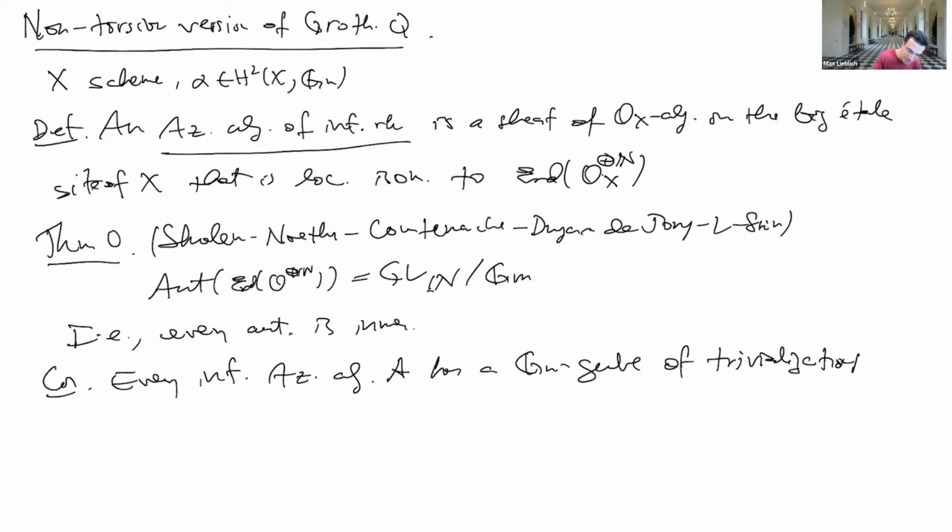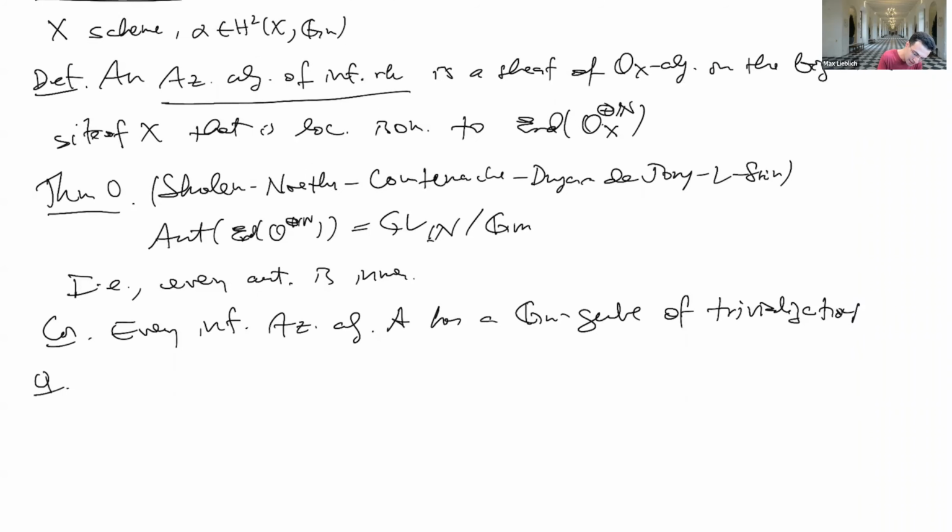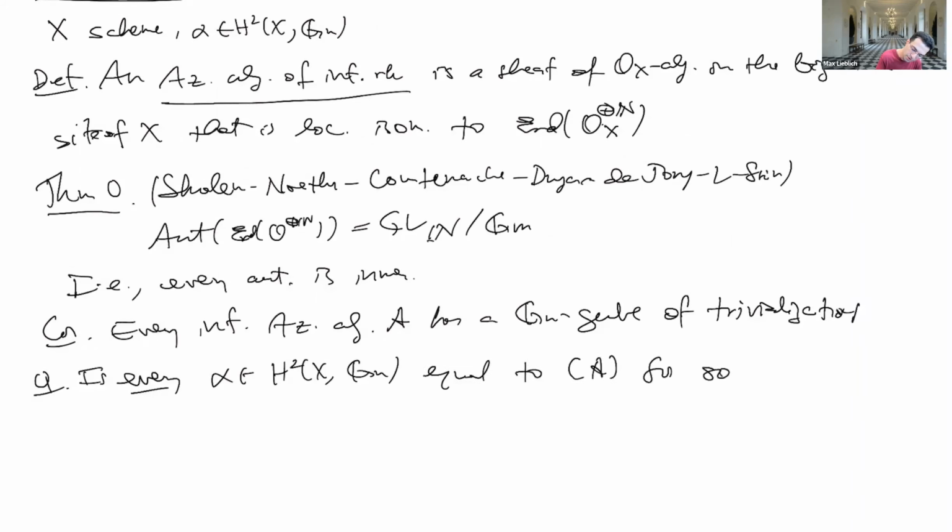Okay. So now Grothendieck's question we could ask is: is every α in H²(X, G_m), now forgetting whether or not it's torsion, equal to the class of A for some A, but now A could be an infinite rank Azumaya algebra. And you could ask the same thing for analytic spaces or topological spaces or manifolds or whatever.